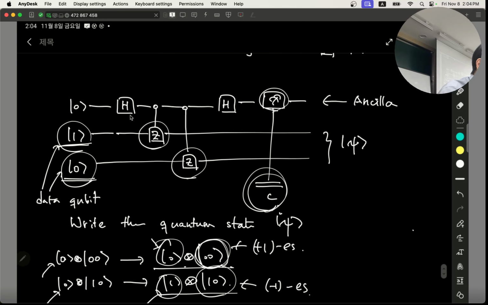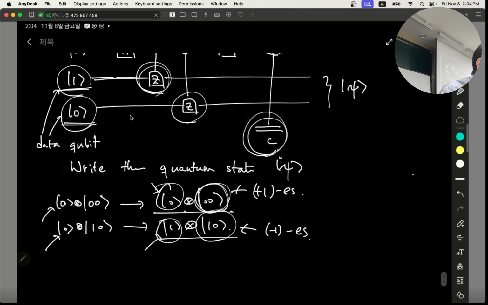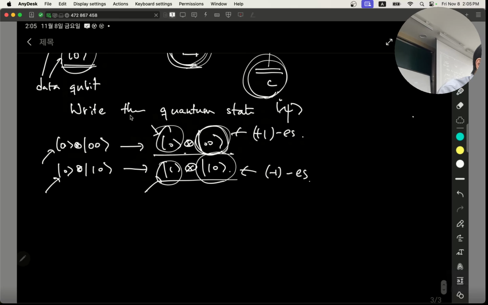Just taking this syndrome measurement, running this entire circuit, makes your data qubit fall into the eigenstate of these two stabilizers.